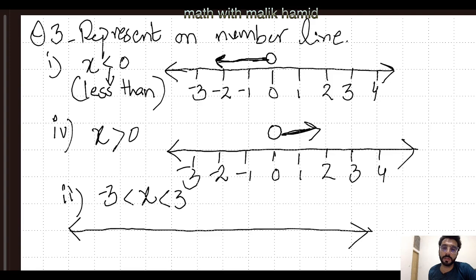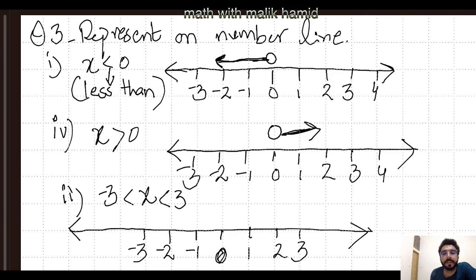If you take 0 here, it is 1, 2, 3, positive 1, positive 2, positive 3, and negative 1, negative 2, negative 3. We make a circle on -3 and +3. Combine both circles with a line. Simple. Because all numbers between -3 and +3 are included.